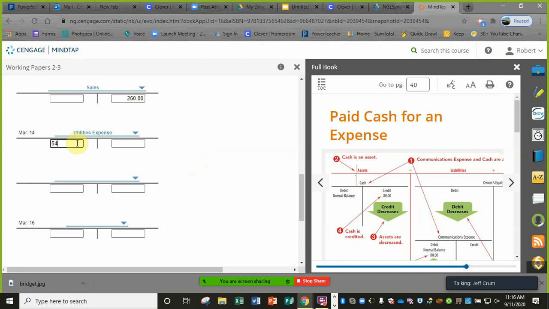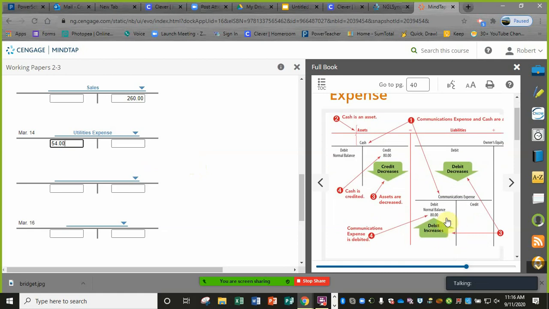So we got a drop. Increase right here. You see where it gets a little bit confusing. So we paid money for our utilities. We go down to our cash. Our cash decreases. $54.